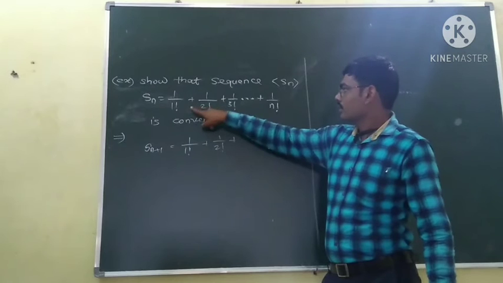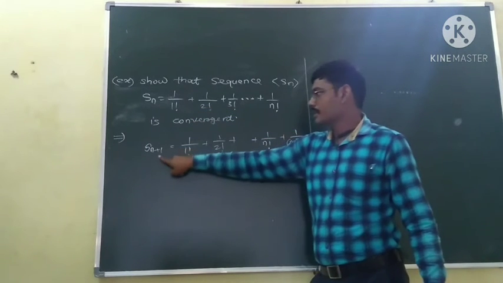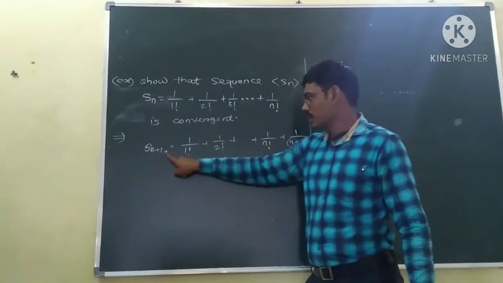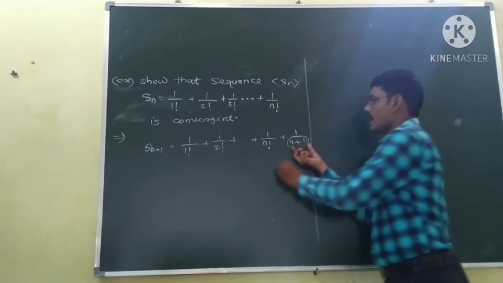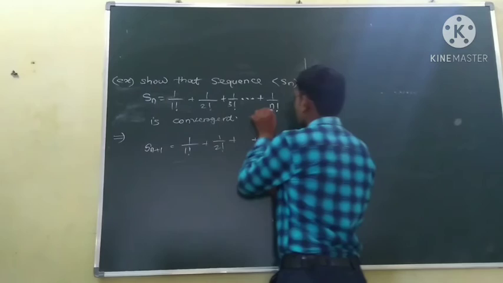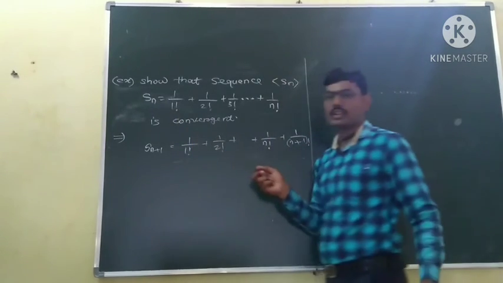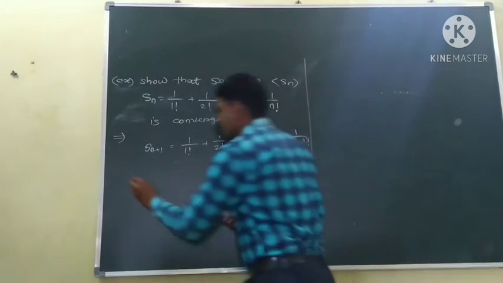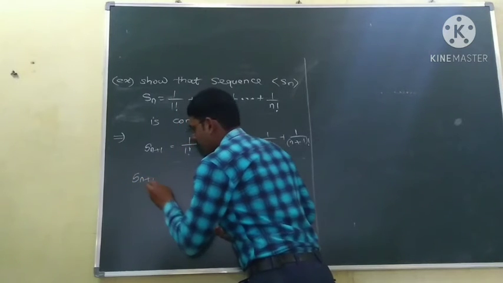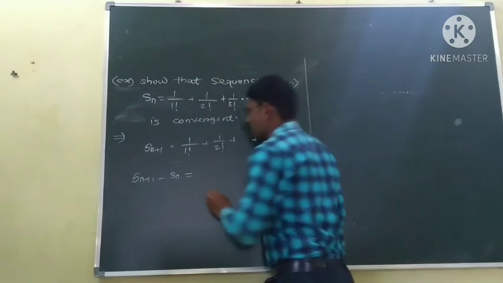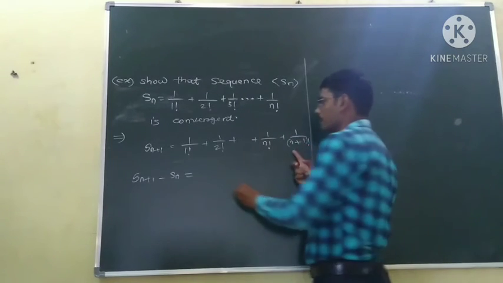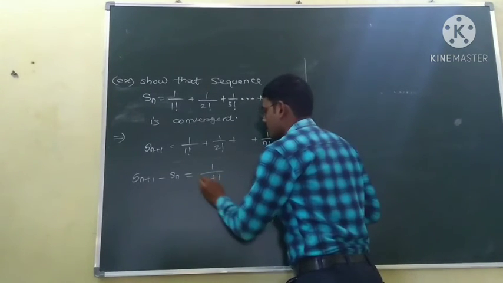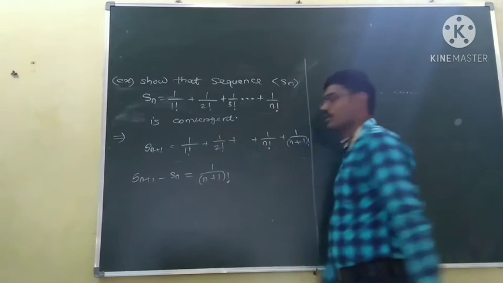So in Sn and Sn plus 1, what is the difference? The difference is just that in Sn plus 1, this term is extra. Up to this it is the same as Sn. So we take the difference between Sn plus 1 and Sn. This part gets cancelled, and only this remains: 1 upon n plus 1 factorial.